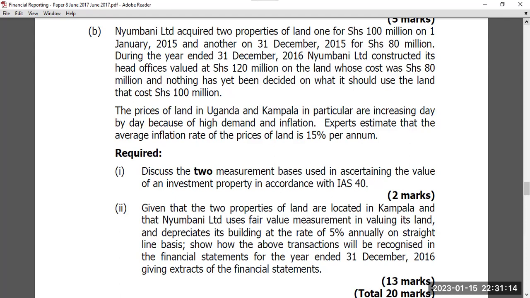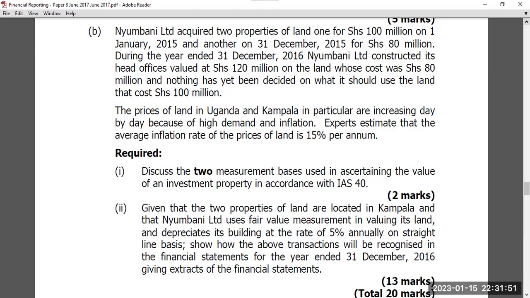So we are going to be using the revaluation, because the revaluation is almost the same as the fair value, because all of them try to look at what they can actually get after revaluing. And whenever they are doing these revaluations, most of the times they consider factors within the market. So here, if you use the cost model, you are going to be off.